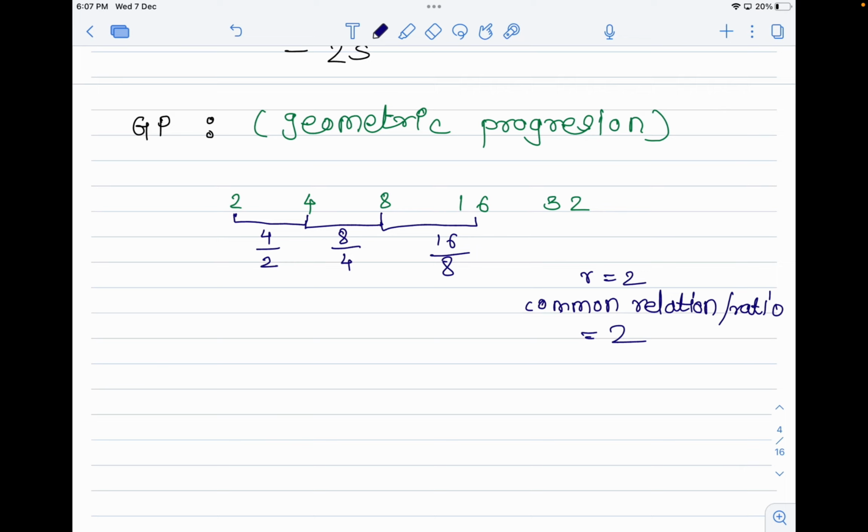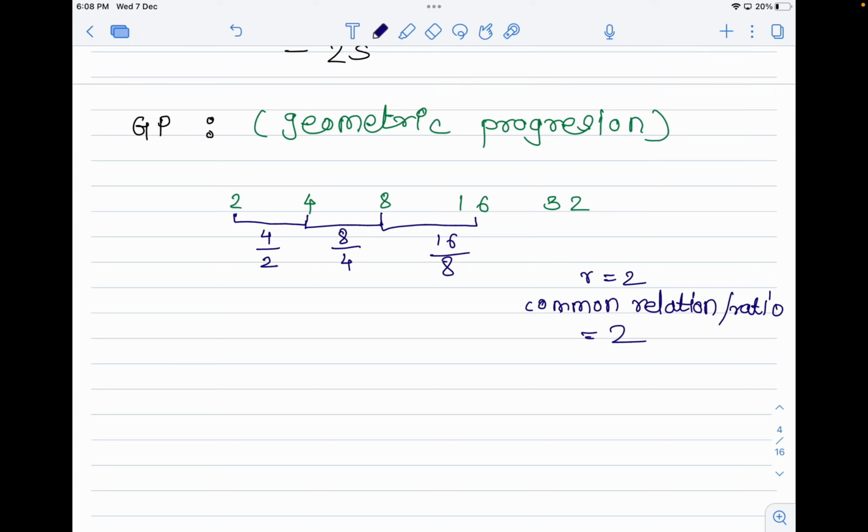We need to follow the GP here, because there is a common ratio. For example, 2 and 4 differ by 2, but 4 and 8 differ by 4, not 2. So the common difference is not there, which is why we can't follow the AP, meaning arithmetic progression.